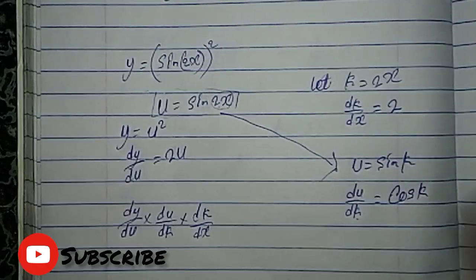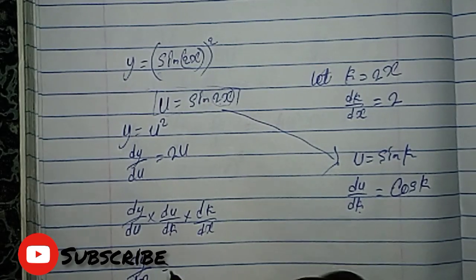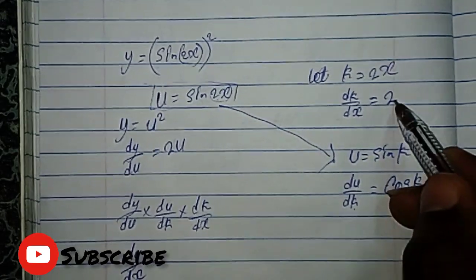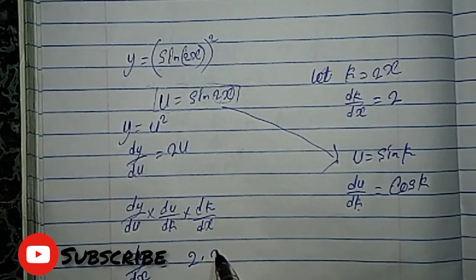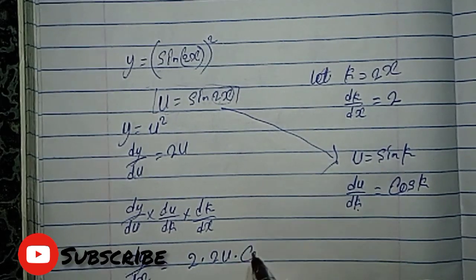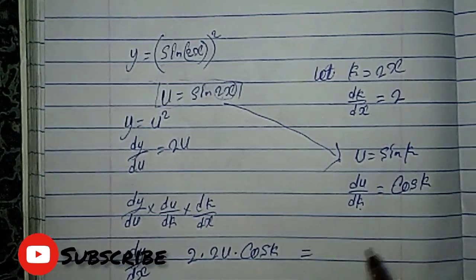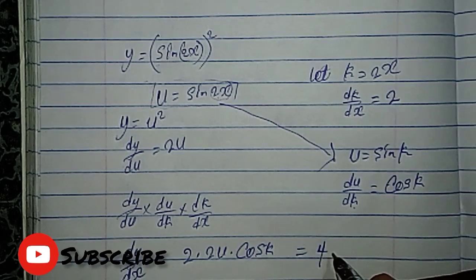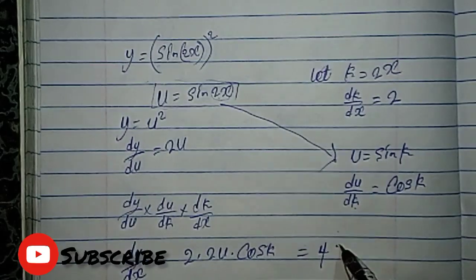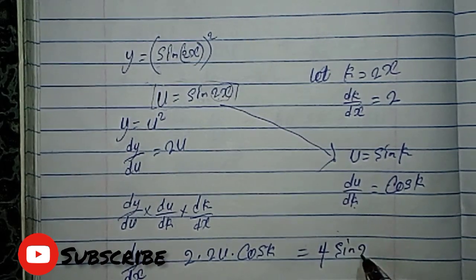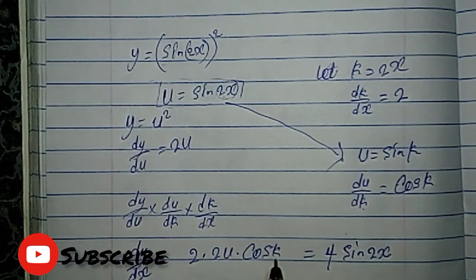Now our dy/dx is therefore the multiplication of these three answers we got, and that is 2 times 2u times cos k, and this is equal to 4 times, what is u? Our u is sine 2x. And what is cos k?